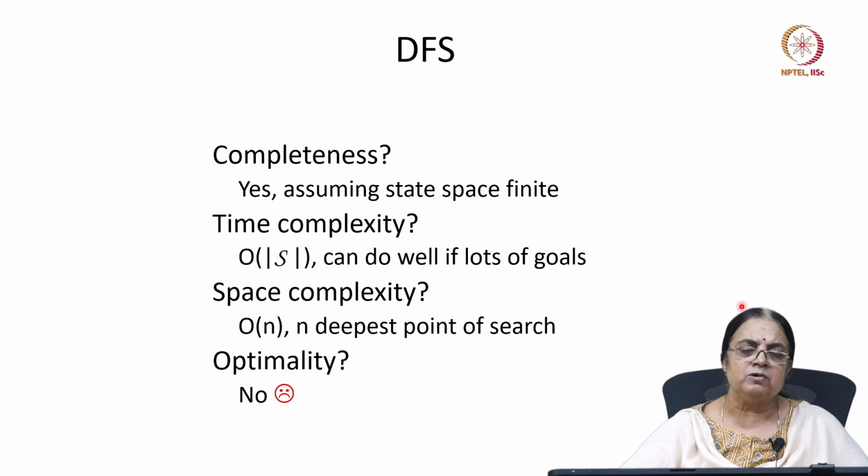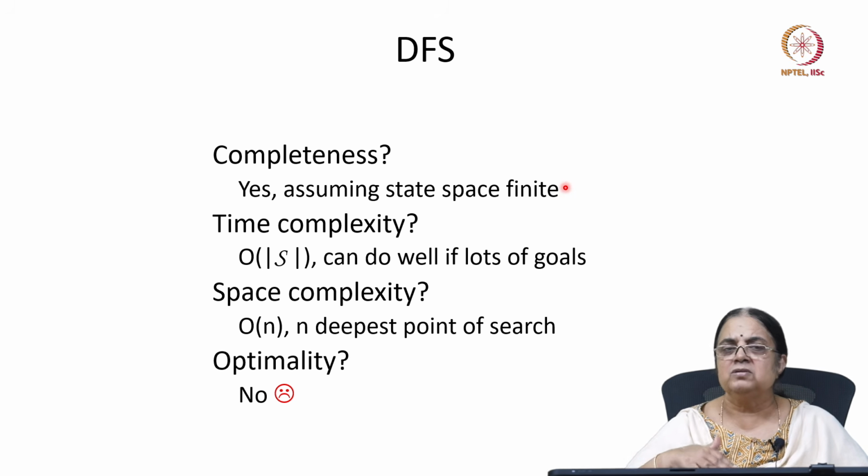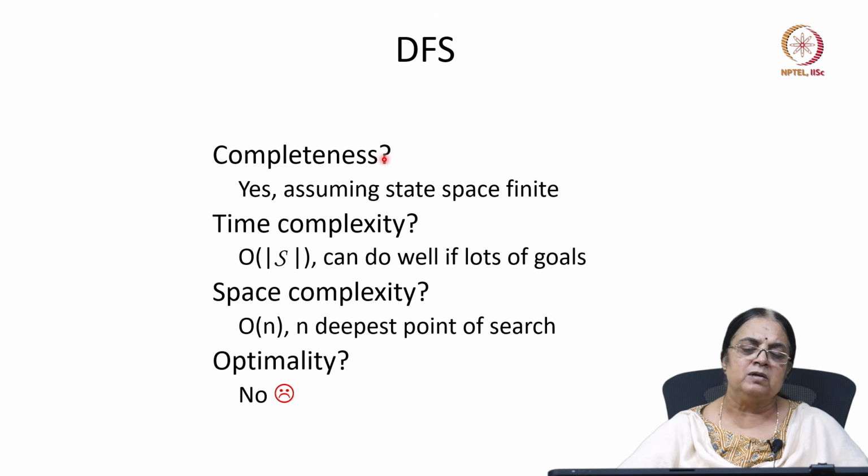So what is the overall picture? Completeness: yes, assuming the state space is finite. If we don't have that M and you are going to go down till, say, D, the maximum depth, and then come back, the state space should be finite; only then it will be complete and able to get a solution.